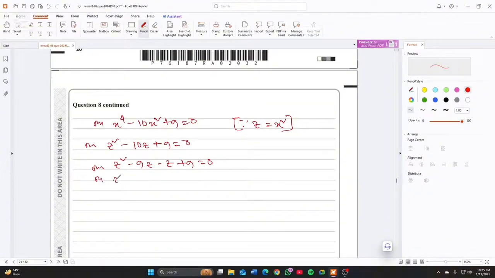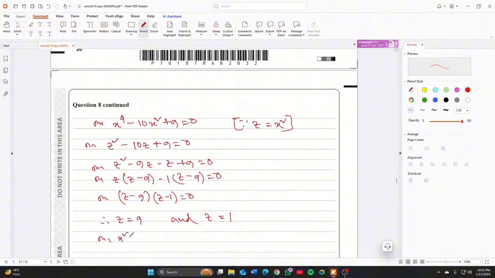Or if we take z common, z minus 9, minus 1 common, and we have z minus 9 equals 0. So we can write that z minus 9 and z minus 1 is equal to 0. Therefore z is 9 and z equals 1. So we knew that z was x squared, so we can write x squared is 9.